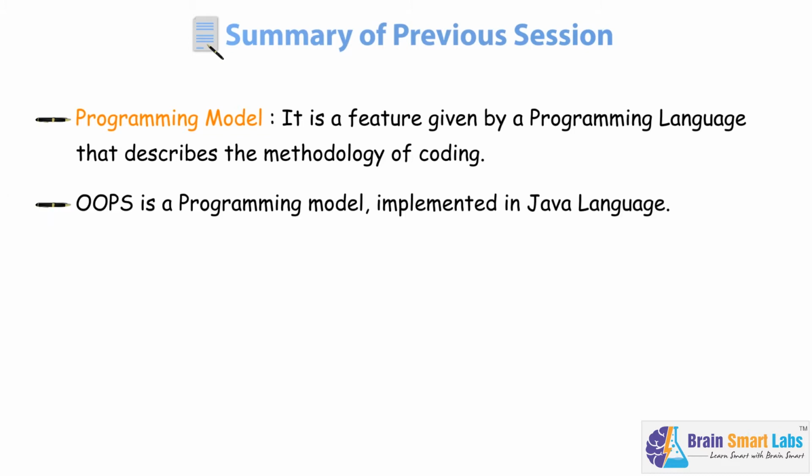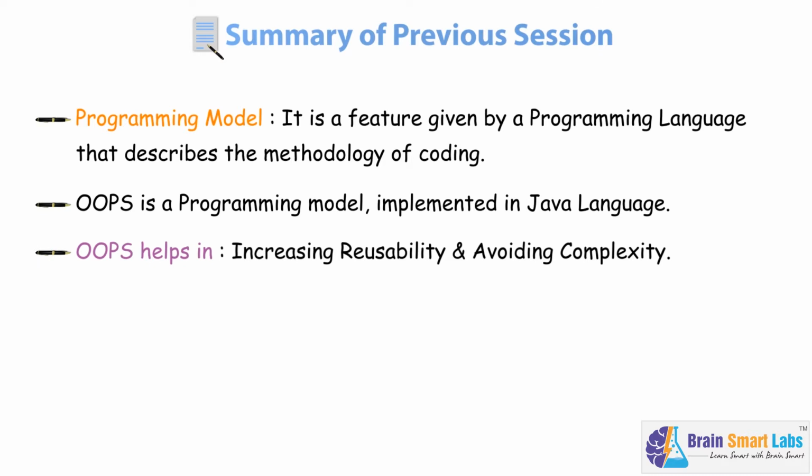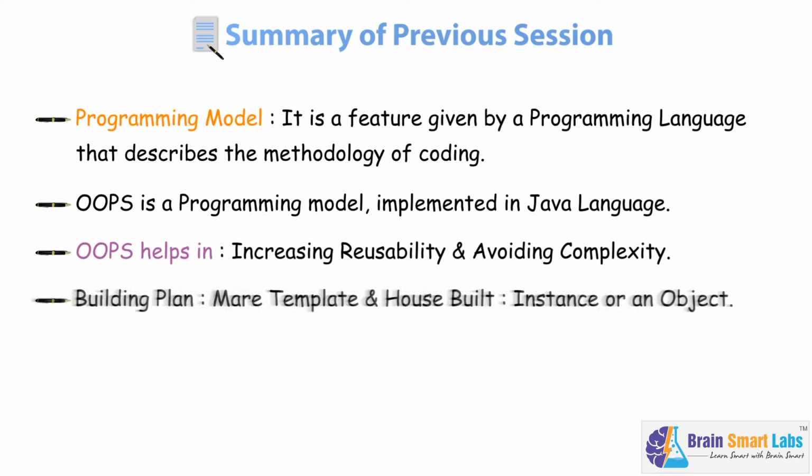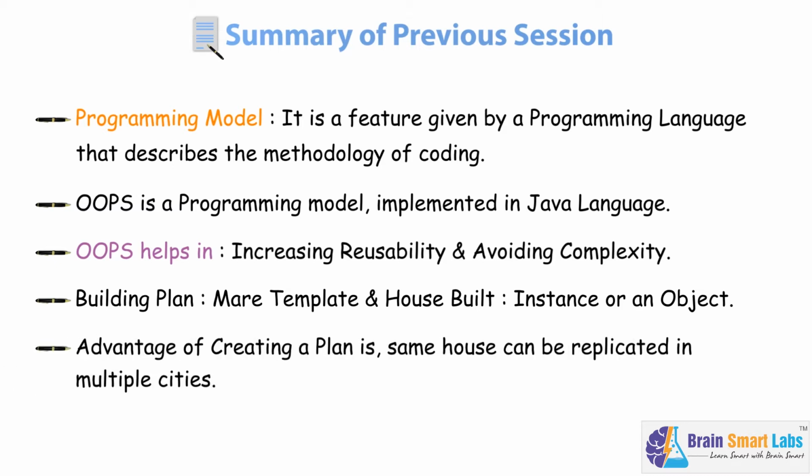We saw OOPS as a programming model implemented in Java which helps it to achieve reusability and also to avoid complexity. The concept of OOPS was explained using a building plan, where a plan in real life acts as a mere template and any house built using that plan becomes an instance or an object. We understood the advantage of creating a plan in the first place, as using that plan, the same house can be replicated in multiple cities again and again.